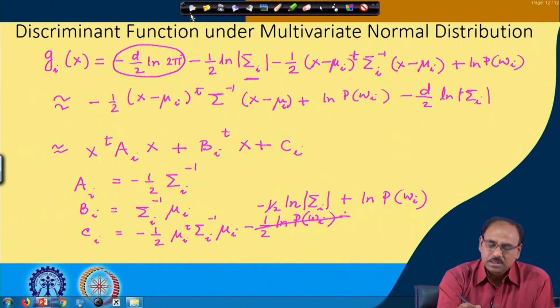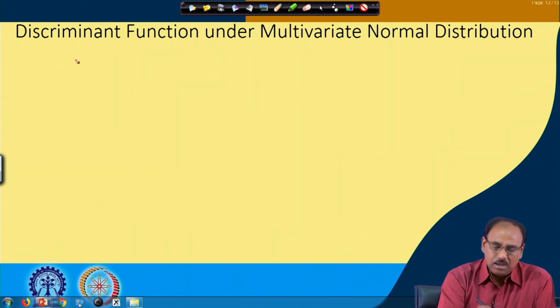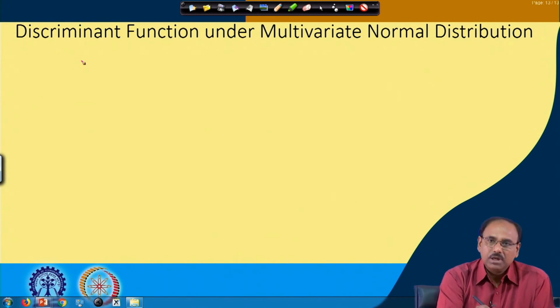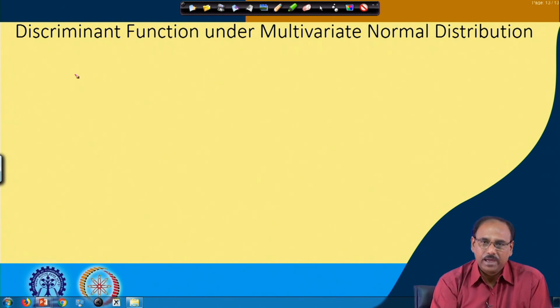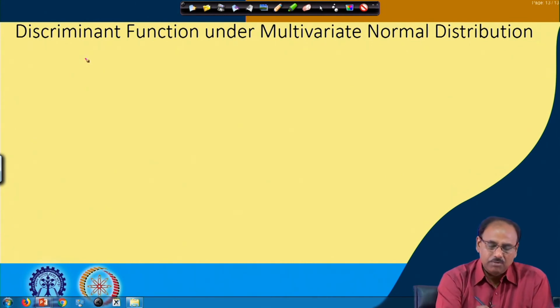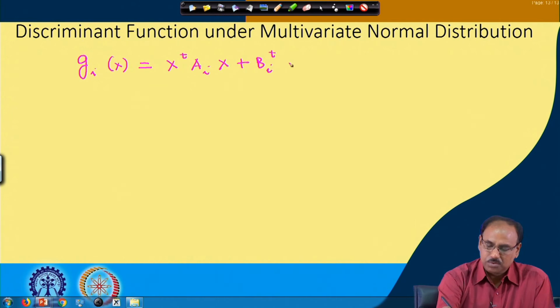And when I have such nonlinear discriminant functions, to find out the decision boundary between two classes omega_i and omega_j, it is difficult to simplify as we have done in the previous case. So, now what I have to do is find g_i(x), which, as we have seen, will be x transpose A_i x plus b_i transpose x plus c_i.